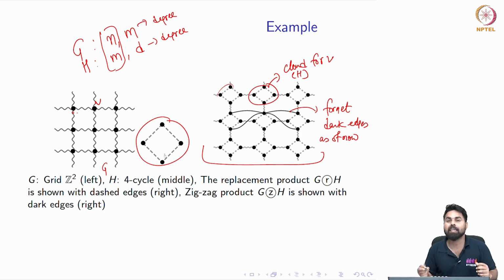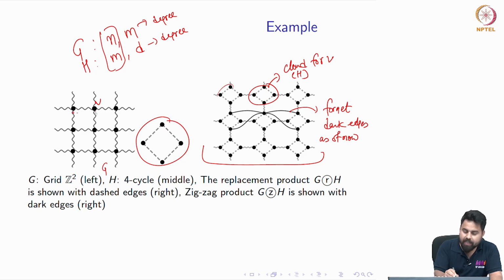Now what about the other edges? Remember, forget about the dark edges; we are only focusing on the dotted edges as of now. The degree of every vertex here equals the number of vertices in H. So how are the other edges placed?